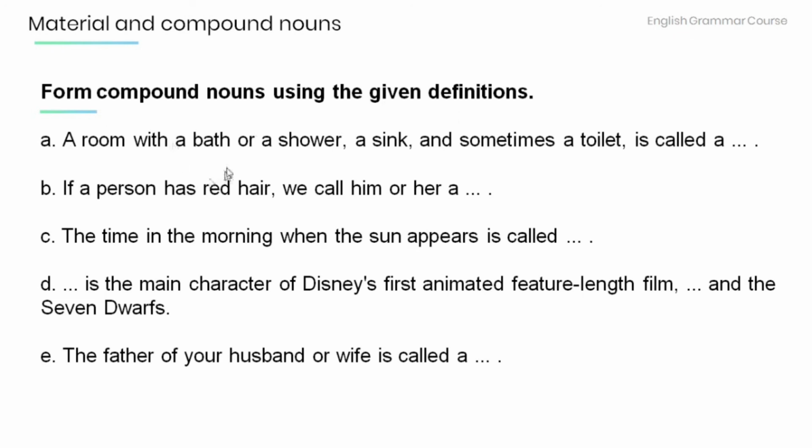A. A room with a bath or a shower, a sink, and sometimes a toilet is called a. B. If a person has red hair, we call him or her a. C. The time in the morning when the sun appears is called.